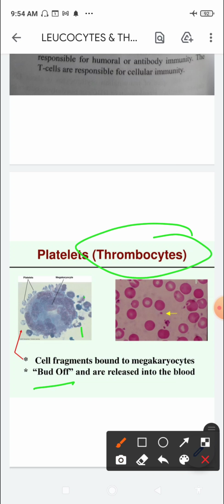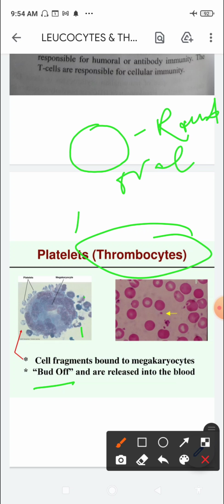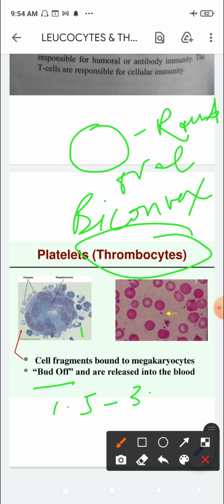They are round, oval, biconvex, bulging like this. You can see the shape is round, oval, biconvex. And they are about 1.5 to 3.5 μm in diameter.